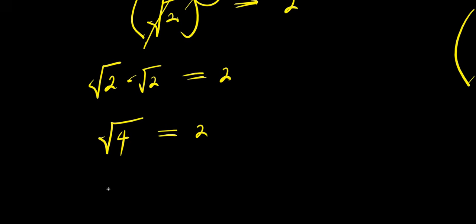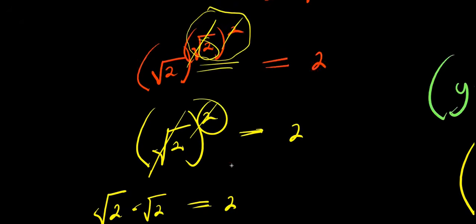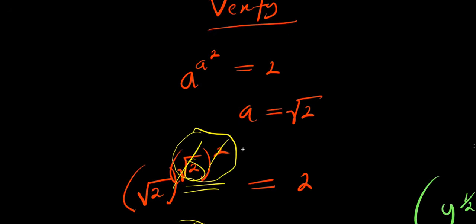And from here, we have square root of 4, that is 2, and this equals 2. So you can see that both parts of this equation are actually the same. So that is it, and this has proven that our solution is correct.